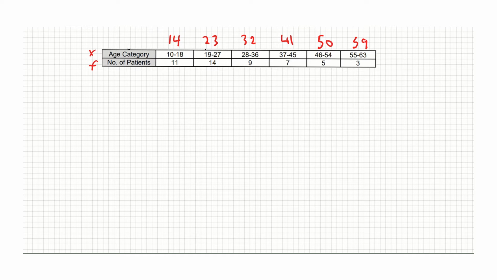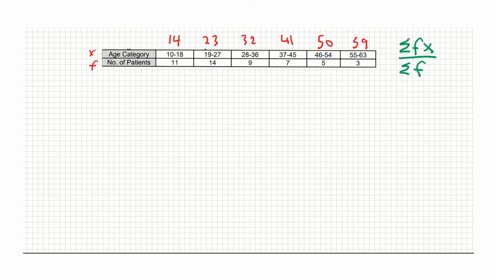So the mean is the sum of f times x divided by the sum of the frequency. Okay, so this is what you need to do. I'll let you do the calculations, but I'll write them out for you.